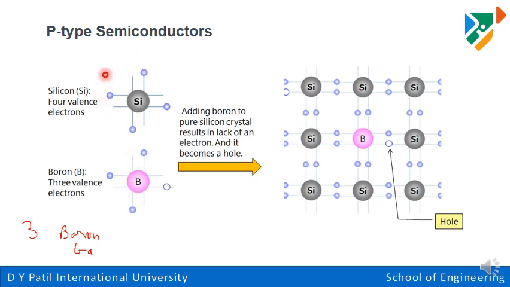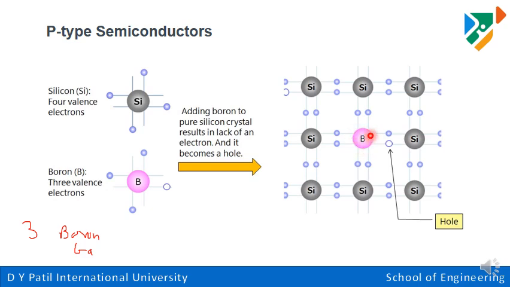When the boron atom is added to the silicon base, its 3 valence electrons will form covalent bonds with the valence electrons of 3 neighboring silicon atoms.